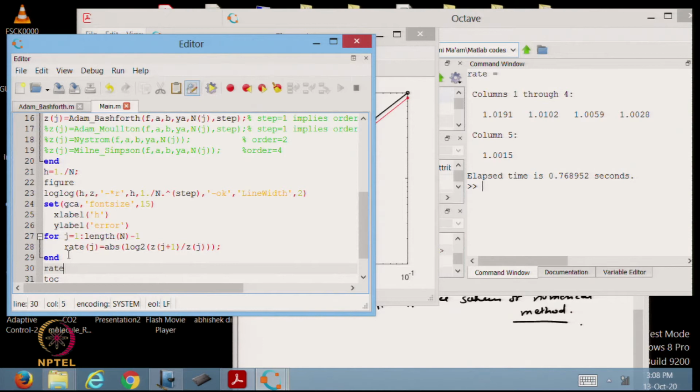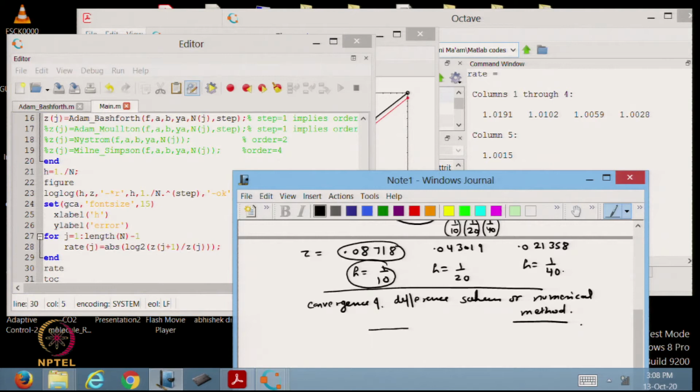The rate formula is also given in the following way, which you can observe from here. Rate j at a particular step is equal to the absolute value of log 2 of zj plus 1 divided by zj. Z is the error, and when I am going from h to h by 2, when we are working with half, we are basically dividing the error from this to this.